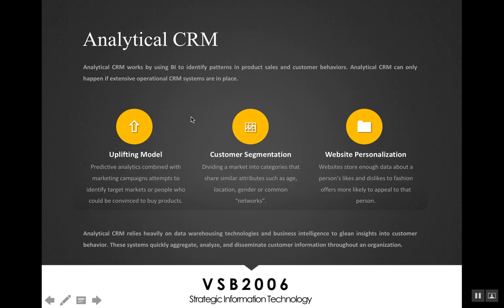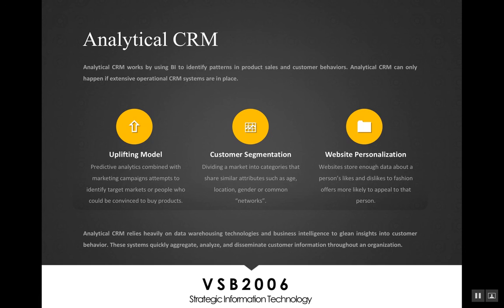The direction that we're seeing, especially early on, CRM systems were very much focused on just getting information, the creation of the core functionality with establishing communications and gathering information. The emphasis more recently is on taking that information and turning it into what we call analytical CRM.